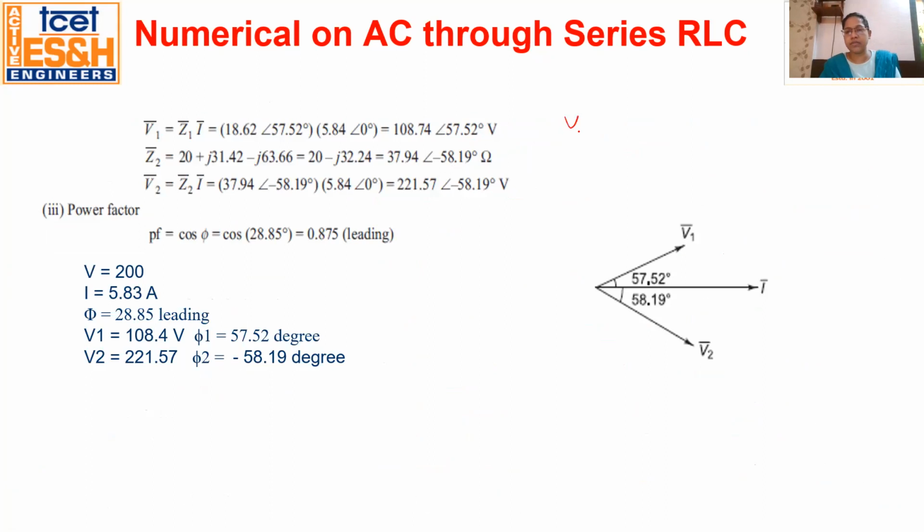What is V1? V1 is I, which is common, times Z1, and V2 is equal to I into Z2. So see here, we need to know what Z1 and Z2 are. How can you find Z1 and Z2?